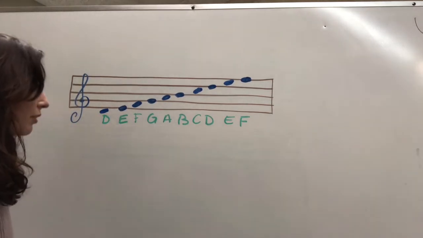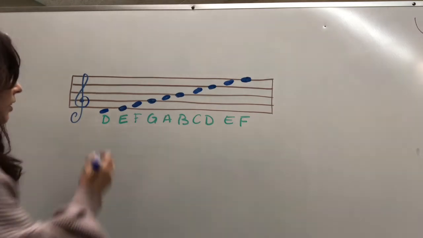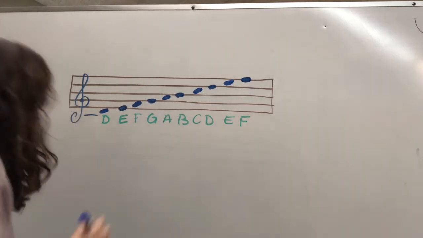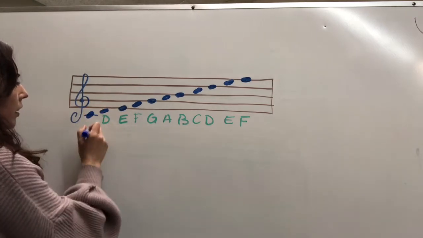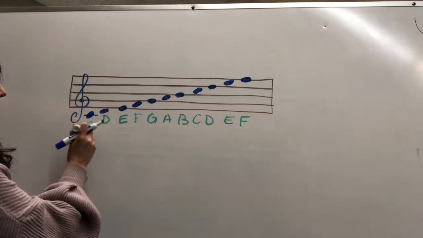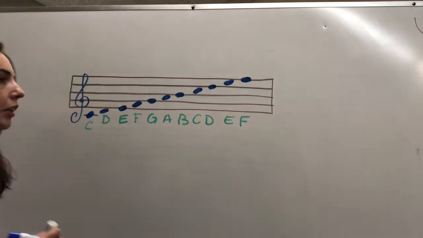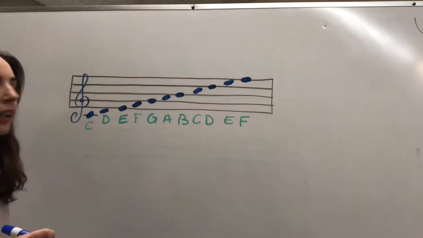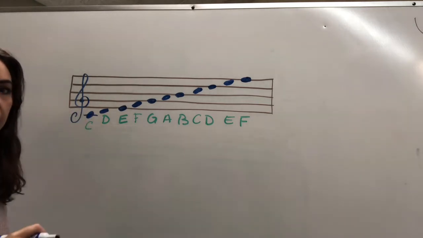And then the note that goes right before that in the alphabet would be C. This note that we put on a little line underneath the treble staff is called middle C.